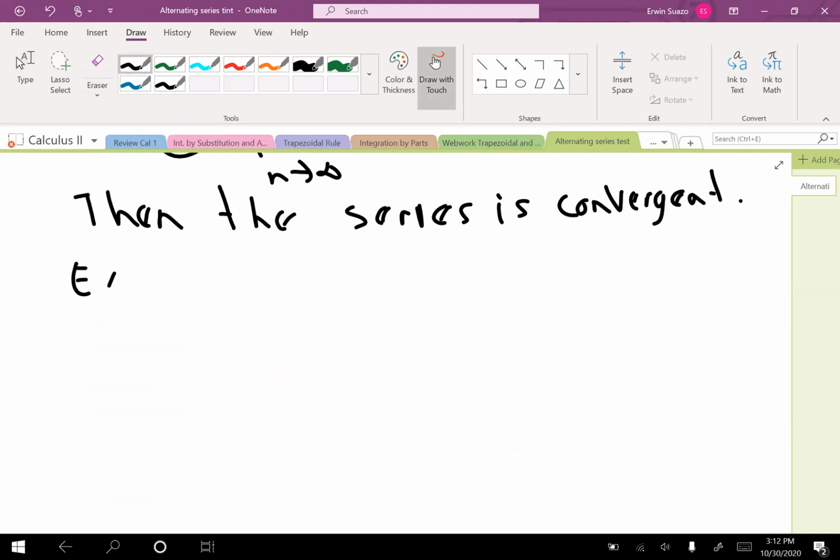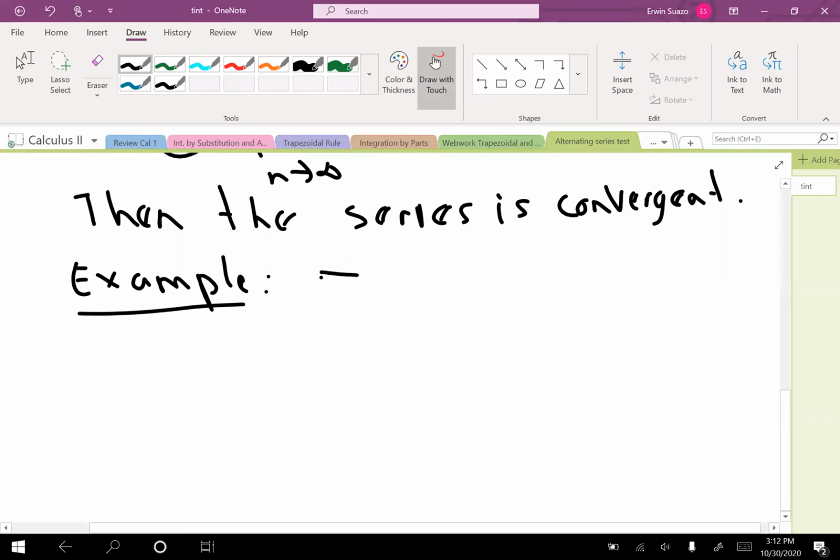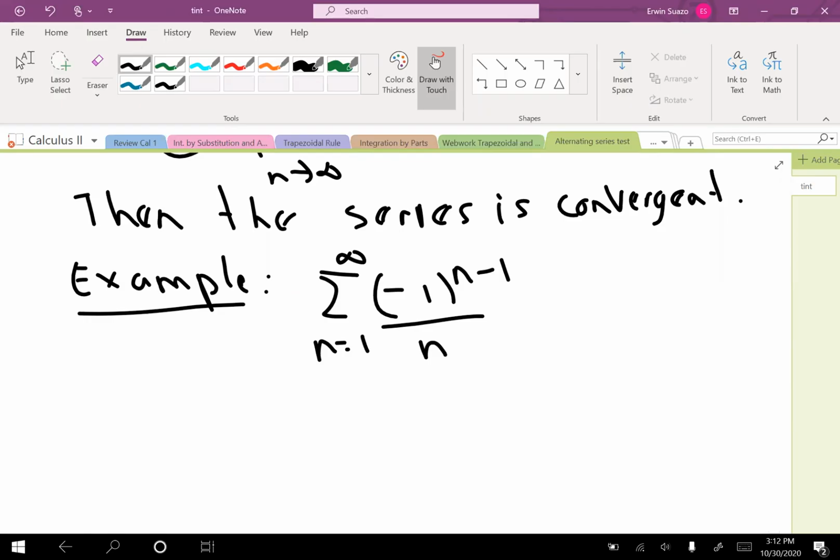So example, the sum of (-1)^(n-1) over n, from n equals 1 to infinity. Is this series convergent or divergent?